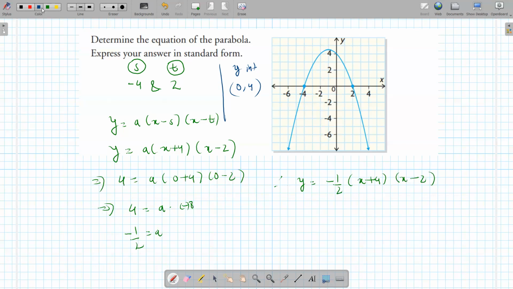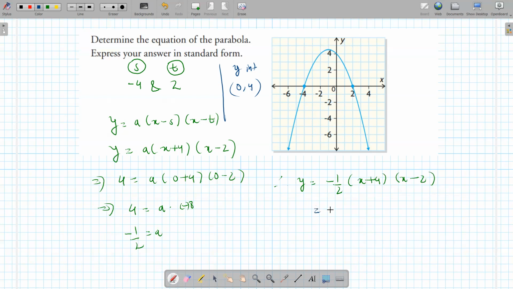Now it's asking us to find the equation in standard form. To get to standard form from any form, you just open the brackets. So you can do this multiple ways. We have 3 terms here, so we can call them A, B, C. When you have a triplet, you can either do AB first and then multiply that by C, or you can do BC first and multiply that by A. In this case, the A is a fraction, so I'm going to leave it till the end.